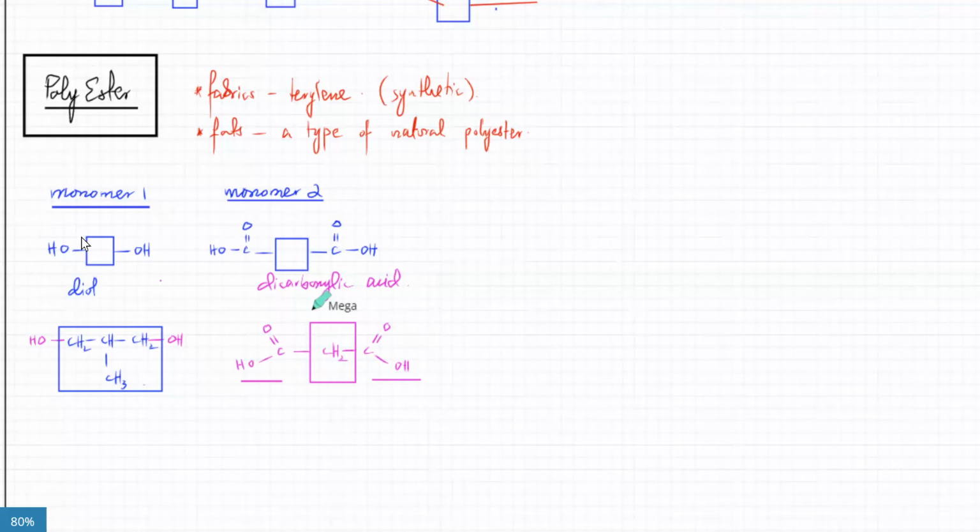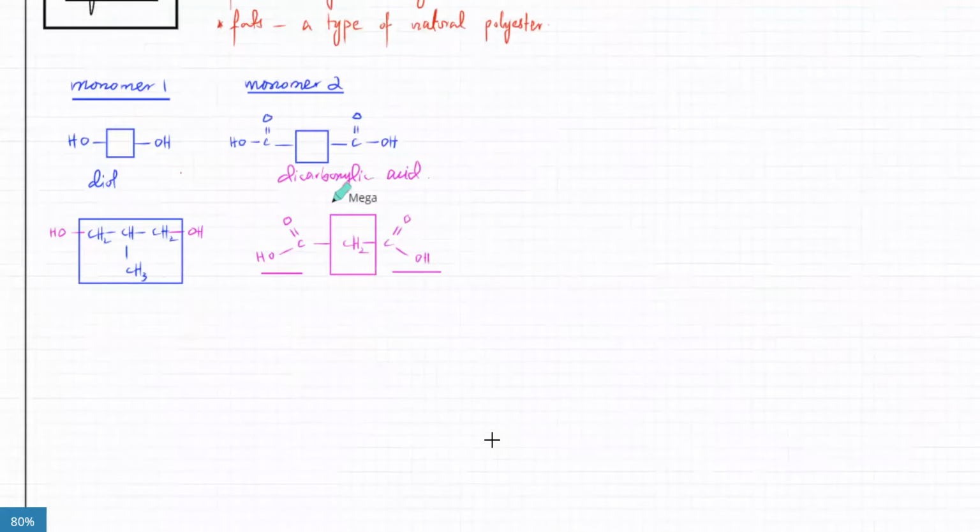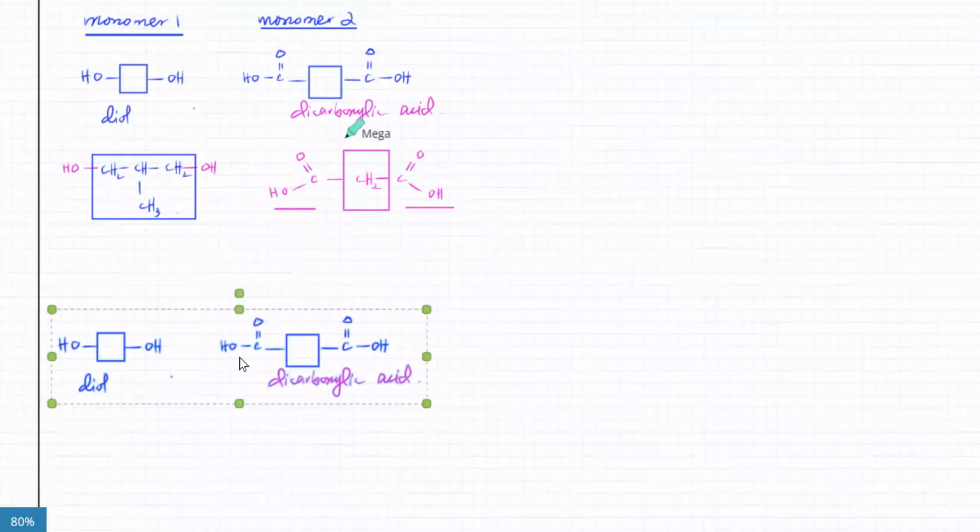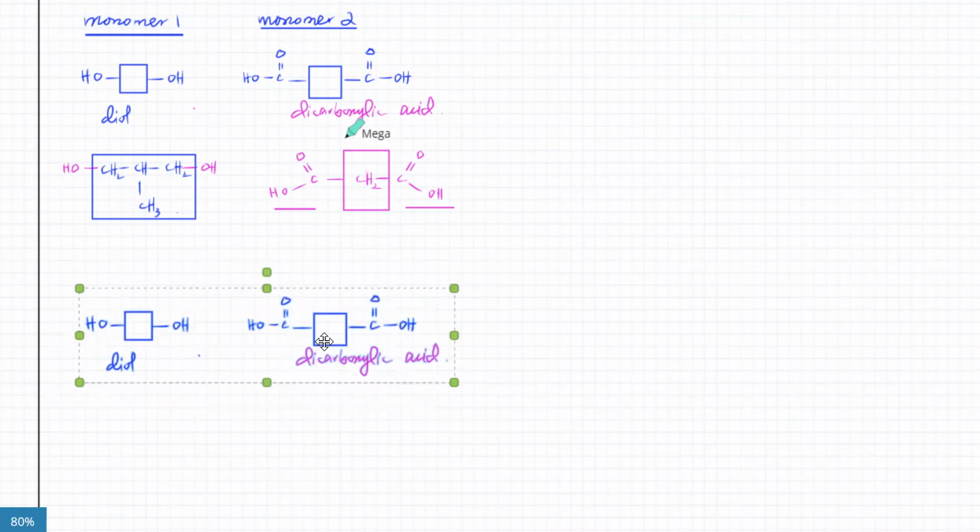तो अब क्या करना है कि I'm going to show you how the polymer would be formed. So you take these two monomers and keep repeating them.